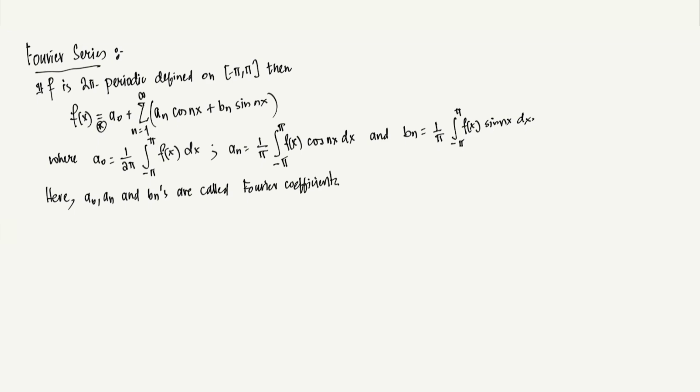If you represent f in terms of a series like this, then this will give you the Fourier coefficients of f. This holds for all n greater than or equal to 1, please remember.